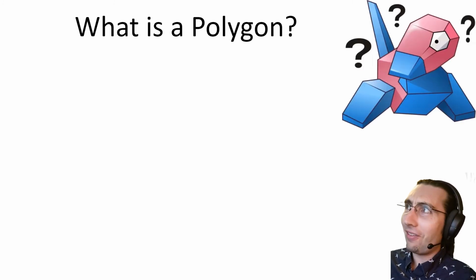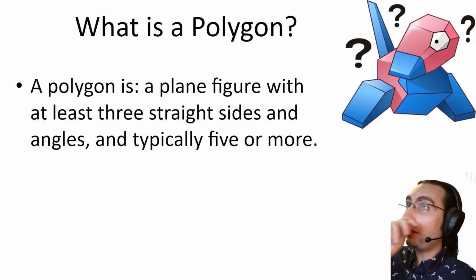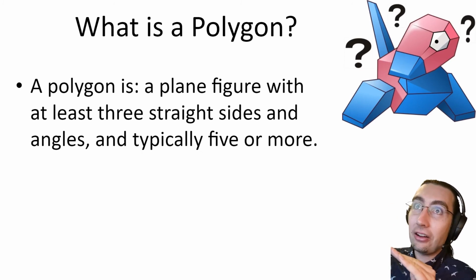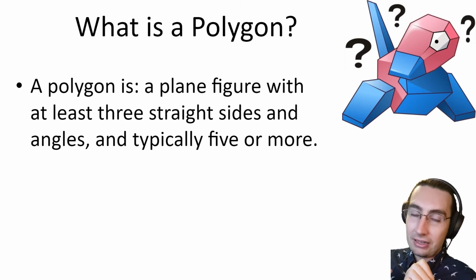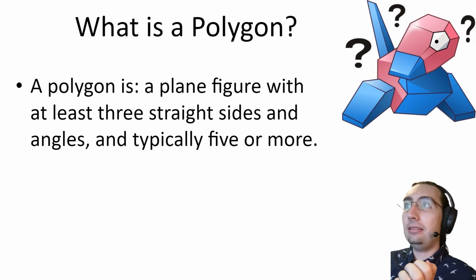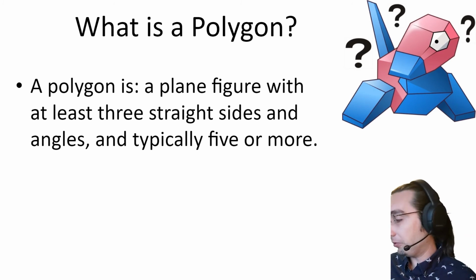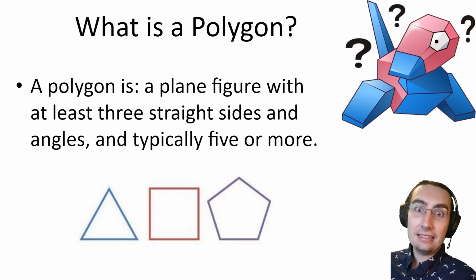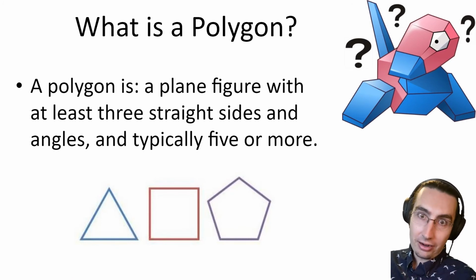Is that a polygon? No, that's Porygon. That's a Pokemon, but he's made of polygons because a polygon is a plane figure with at least 3 straight sides and angles, and typically 5 or more. So basically, it's a shape that is either a triangle or can be made out of triangles.